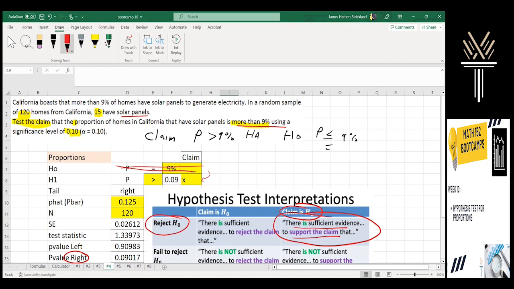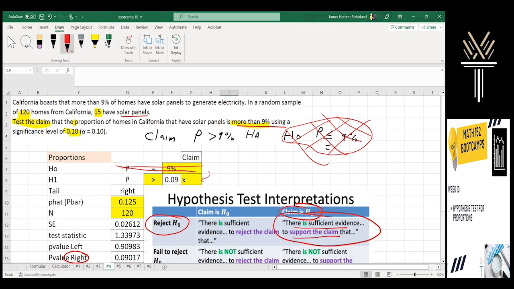There's enough evidence to support the idea that more than 9% of homes use solar panels, which means we can reject the idea of less than or equal to. We can say this is simply not true. We got enough evidence to say the null hypothesis is wrong.